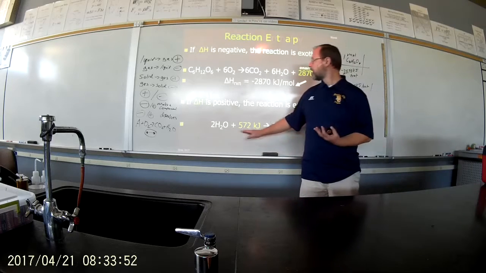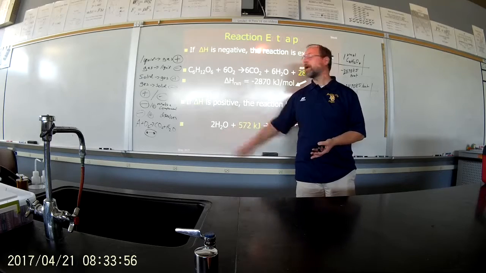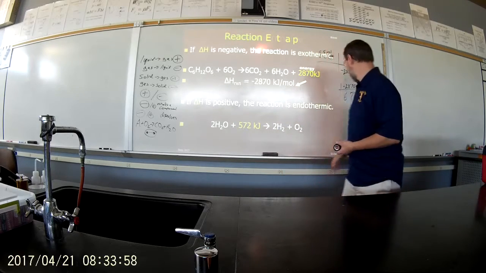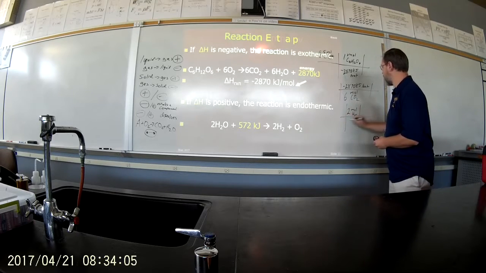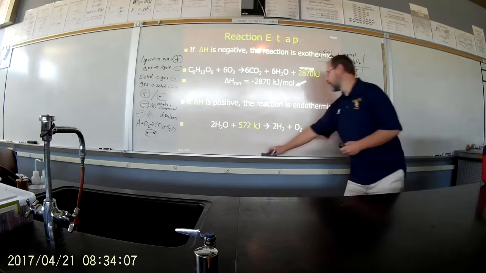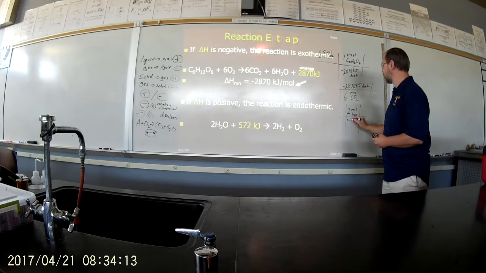This is the energy required, not given off, but required if you want to break down 2 moles of water. So you might write the stoichiometry for this, 2 moles of H2O as a conversion. We don't need 2 lines. 2 moles releases or needs positive 572 kilojoules of heat.